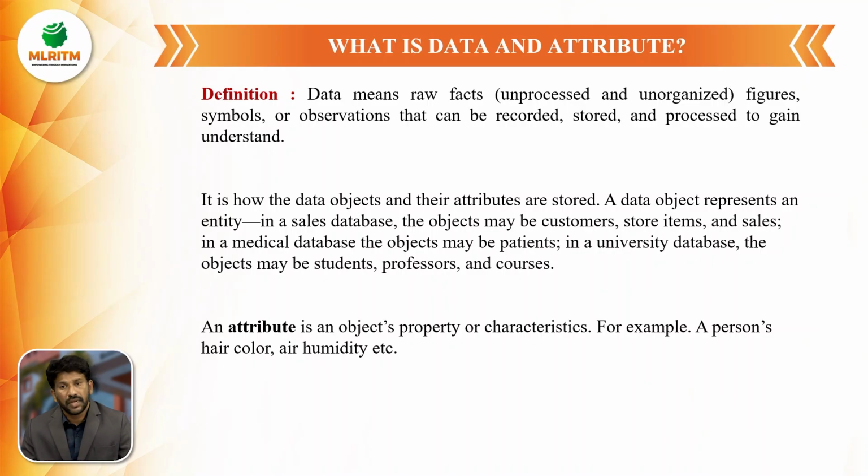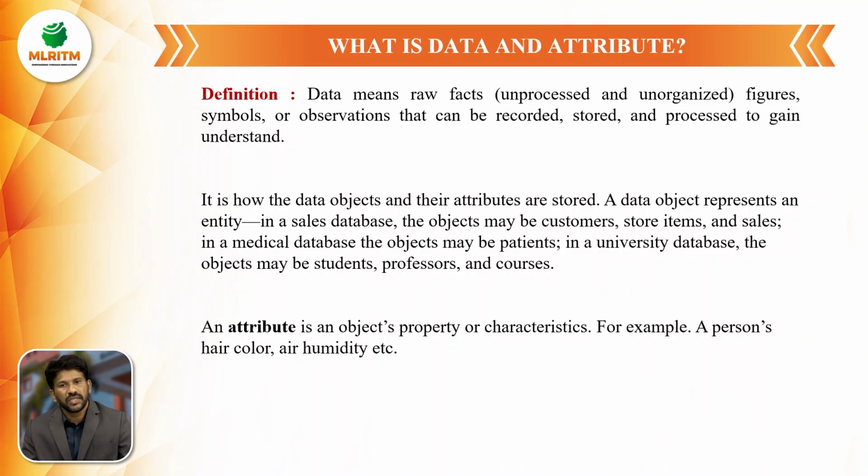Data objects and their attributes are stored in particular data. Data objects represent entities, for example sales data. In sales data, what data do we need? We need the customer data, customer sales information, customer IDs, and the customer's store information and store items.